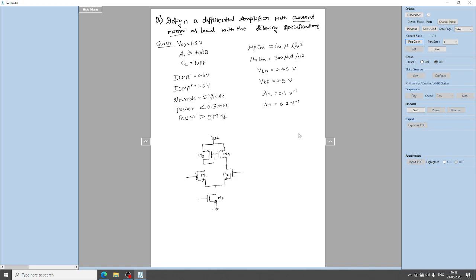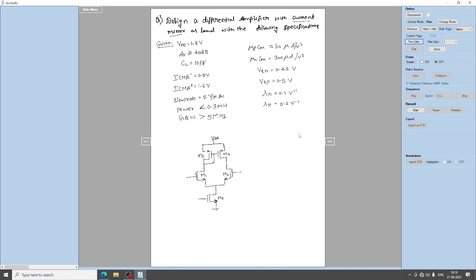The supply voltage is 1.8, gain 40 decibels, the load capacitance 10 picofarad, ICMR, that is input common mode range, which is the DC supply voltage, slew rate 5 volts per microsecond, power which should be less than 0.3 milliwatts, and gain bandwidth product as 5 megahertz.